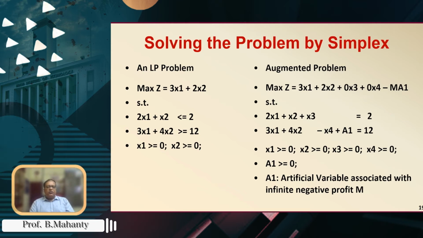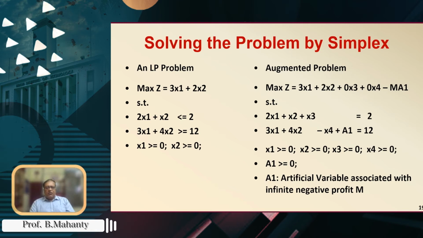Even if you multiply that constraint by -1, we get -3x1 - 4x2 less than equal to -12. So in that case, we can manage with a positive x4, but we shall have a negative right-hand side value which will create difficulty. So we added an artificial variable with an infinite negative profit, that means minus M. So with that we get the augmented problem.